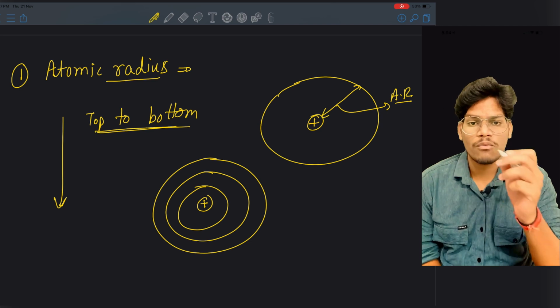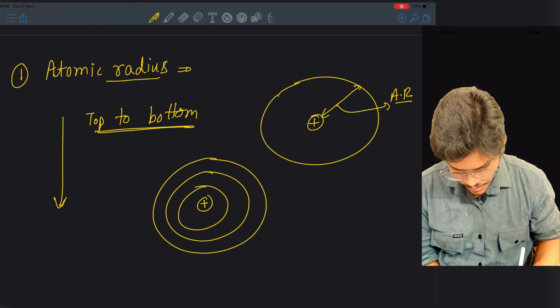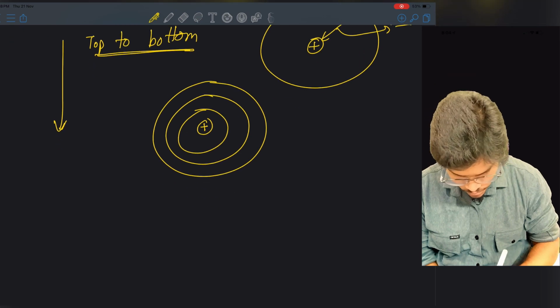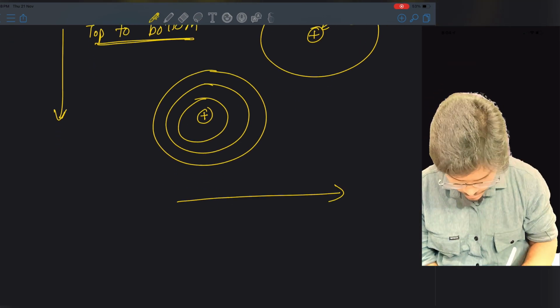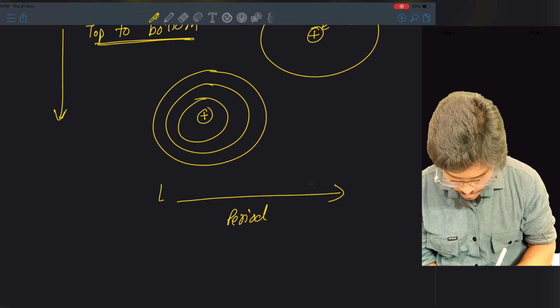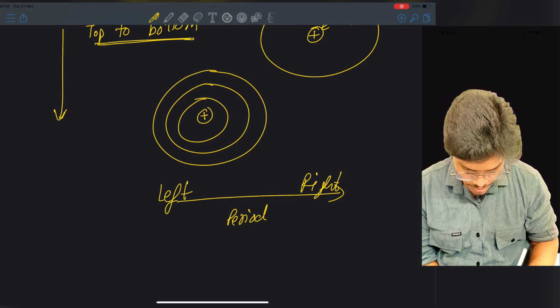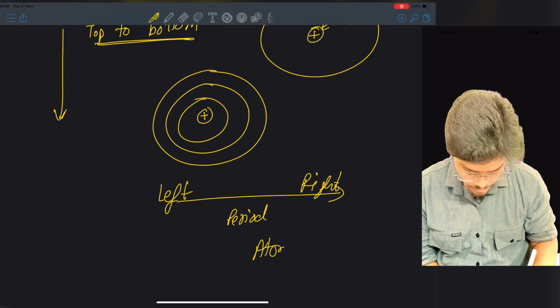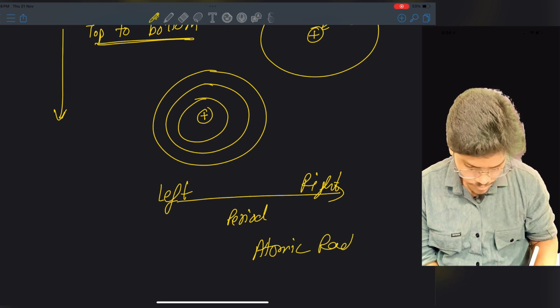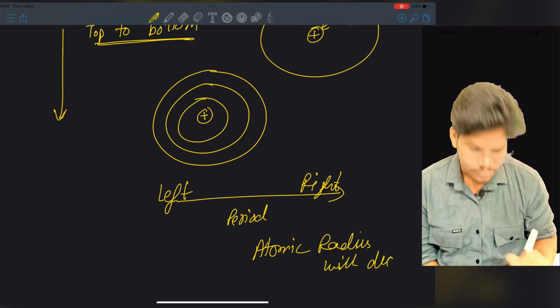So when we go from top to bottom, the atomic radius is increasing, and when we go in a period from left to right, the atomic radius will decrease.